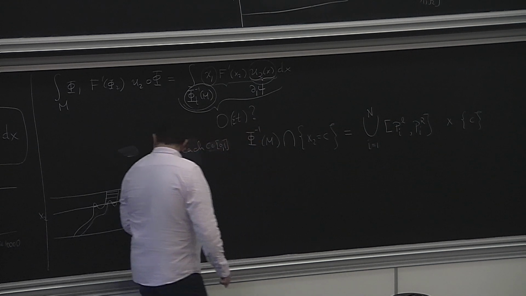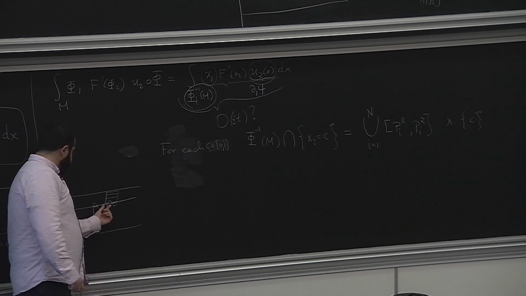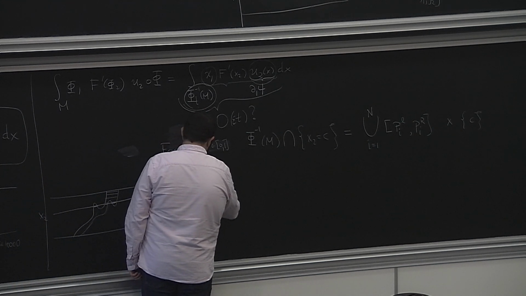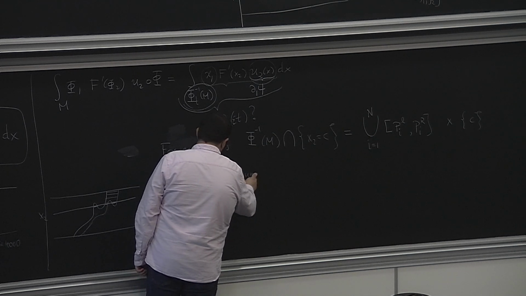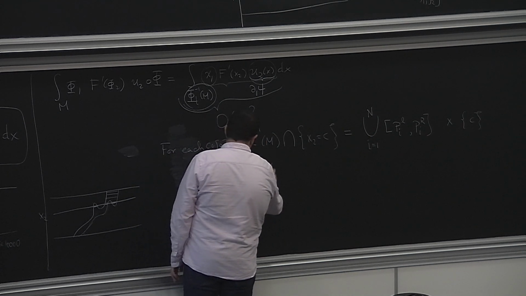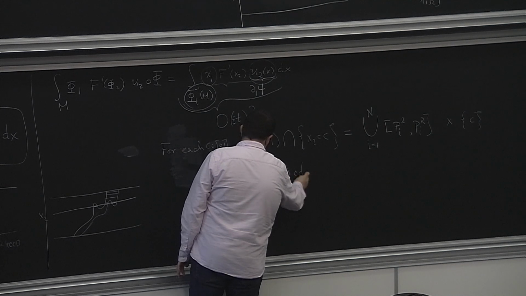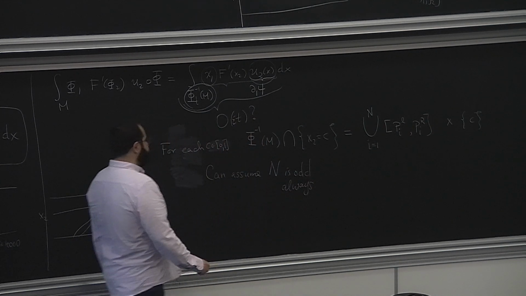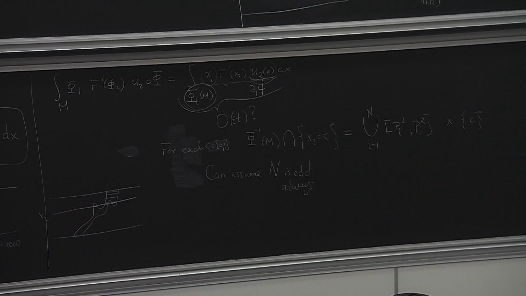And the key point that you can see from this picture is that we can always assume that n is odd. Okay?